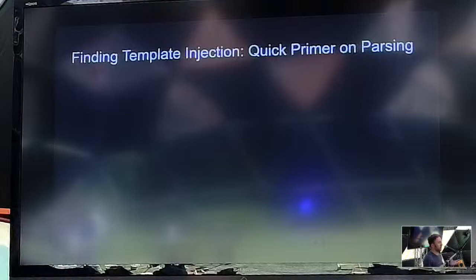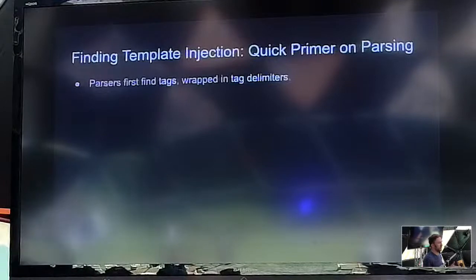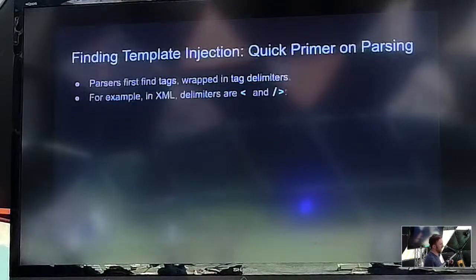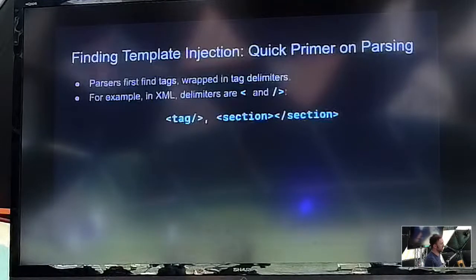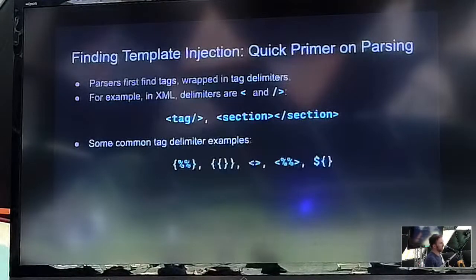So basically, you have your template engine, and it's taking a template and user data. First it parses the template. To parse the template, it looks for tag delimiters, like these things for XML or some of these.